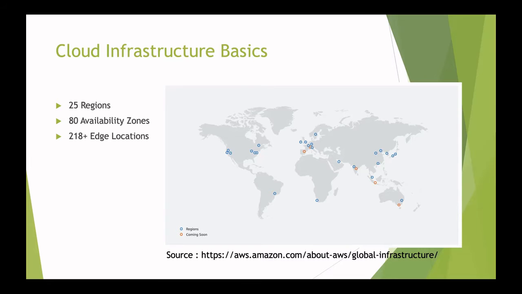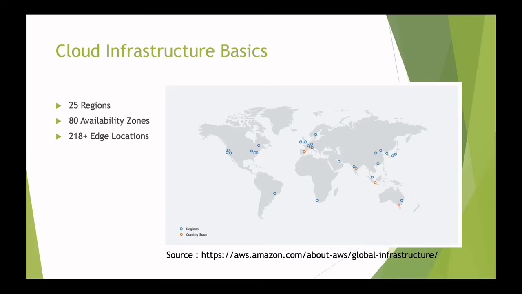That is mainly to overcome failovers, to overcome downtimes, because sometimes if a particular system running on one availability zone becomes unavailable, maybe due to some natural disaster or some power outage or anything, the cloud providers have the flexibility to transfer that infrastructure to another availability zone in the same region.